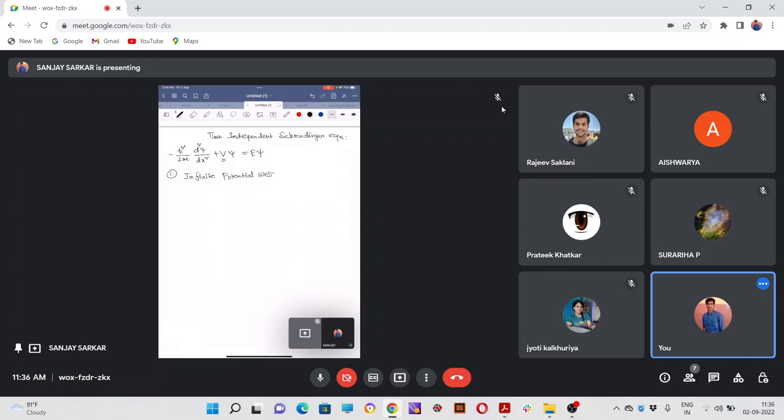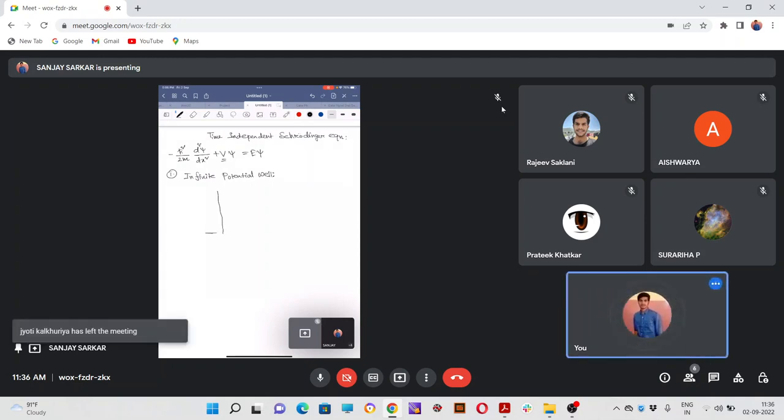So the diagram for the potential is 0 to a. At 0 and also at a, there are two infinite barriers. This is the x direction. This is the form of V(x), and V(x) is 0 from 0 to a, and it is infinity otherwise.